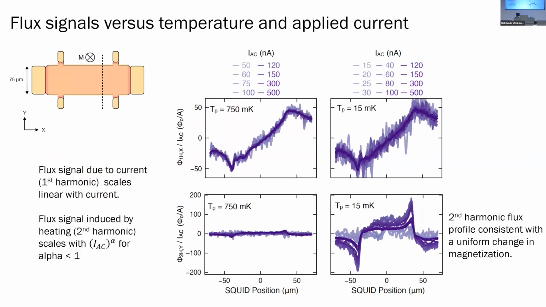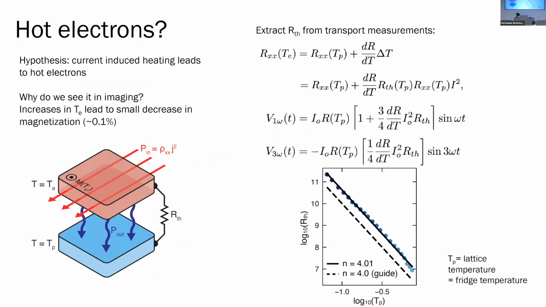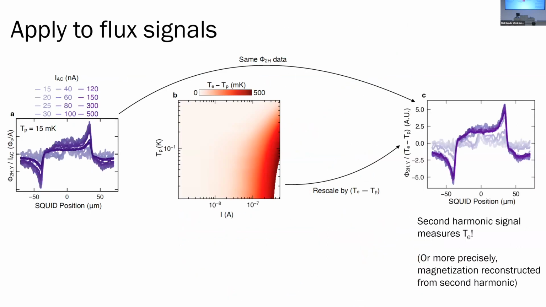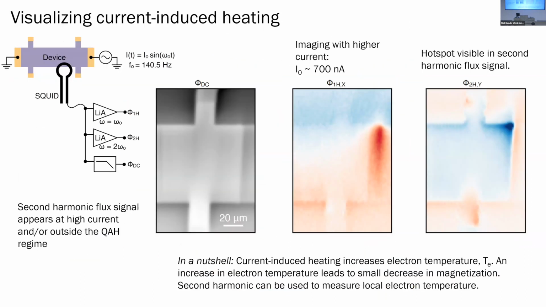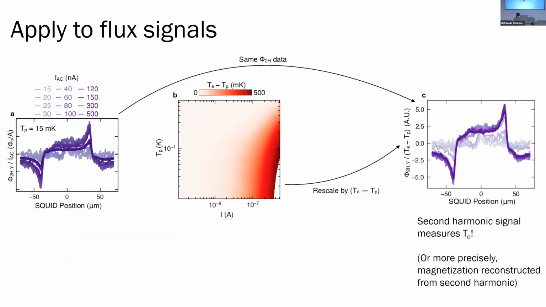There's another whole story that I could tell about current-induced heating in these devices, which is interesting. If we analyze it quite carefully, we can also image local dissipation in these devices, at least at sufficiently high currents. That's for another day.